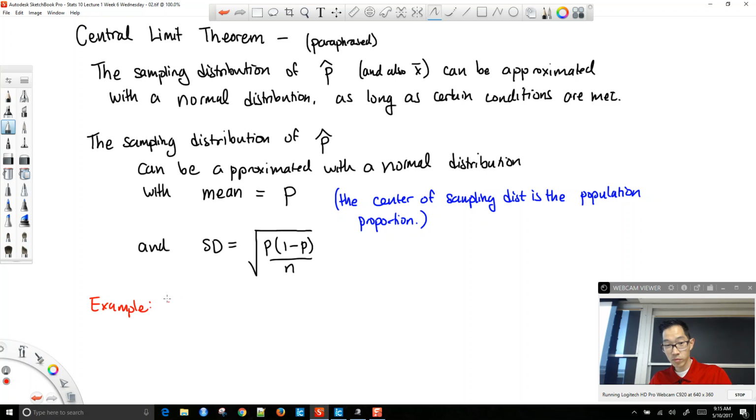All right, so we will say in our candy pieces, p is equal to 30% orange in the population.